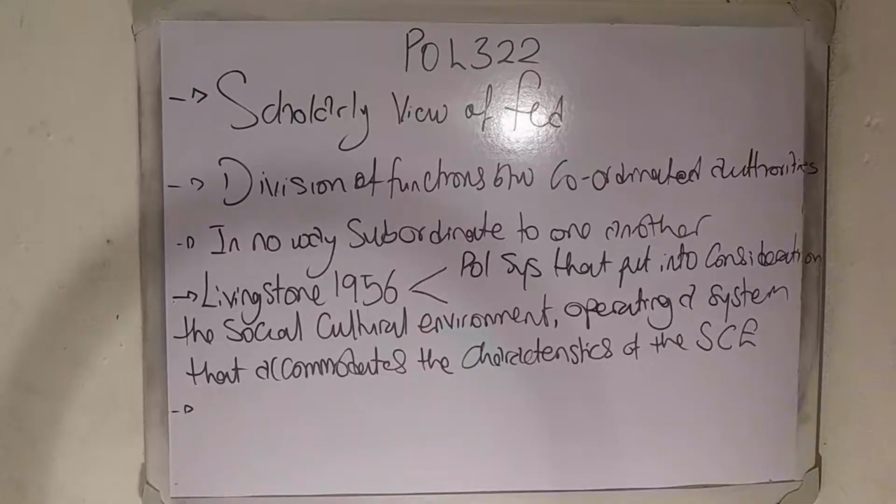So it's not really as easy as it might seem. So this is what Livingstone is trying to tell us according to his definition. Now let's take a step further.